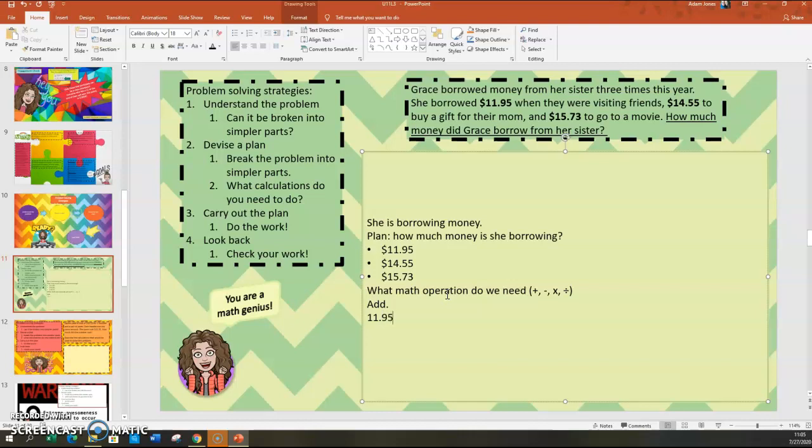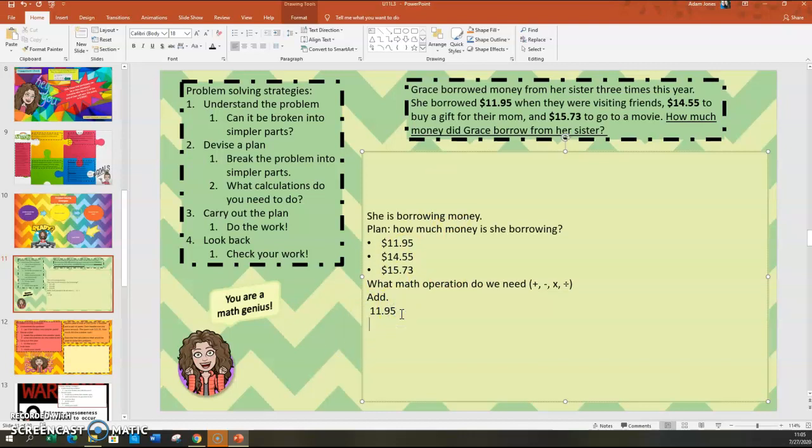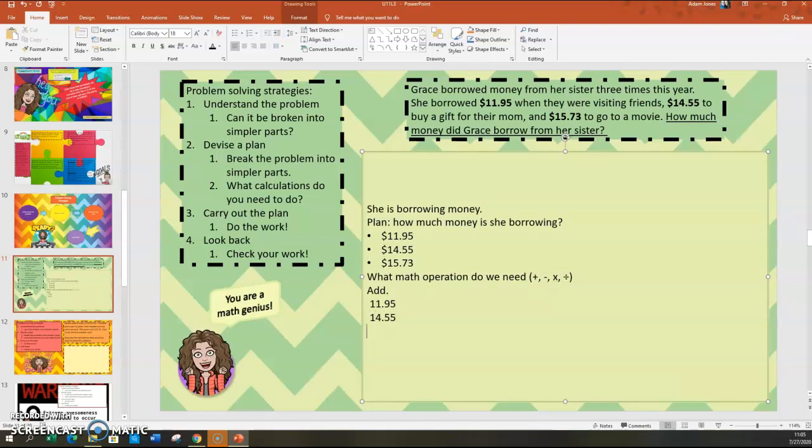I'm going to take those dollar signs out, and then I'm also going to line this up so it's going to look a bit more like a real math problem. Put my addition sign in there, and then $15.73.